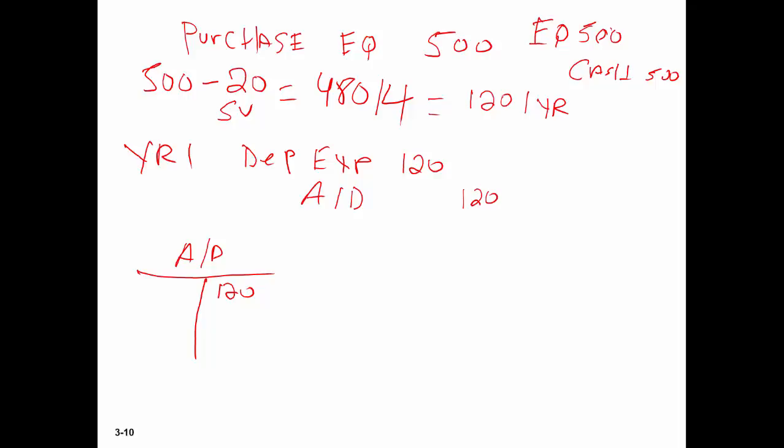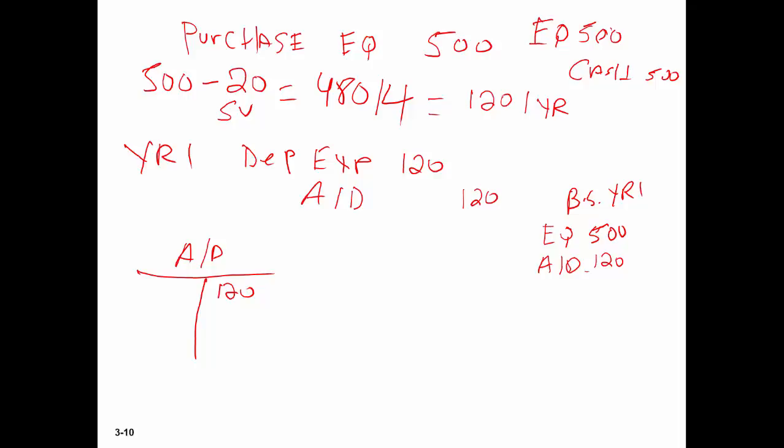Now when I show my balance sheet, and I'm going to do my year one balance sheet here, notice the equipment, I didn't touch that account. I set it up at the beginning for 500, so the equipment is still showing 500, but now I have this accumulated depreciation of how much? 120 for that first year.